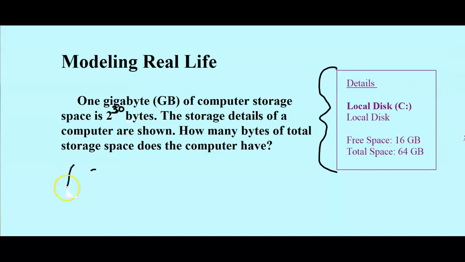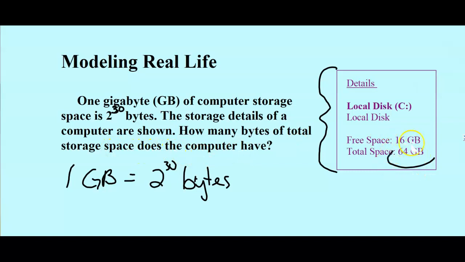So I know 1 gigabyte is equal to 2 to the 30th bytes. How many bytes of total storage space? I've got 64 gigabytes of total storage space.